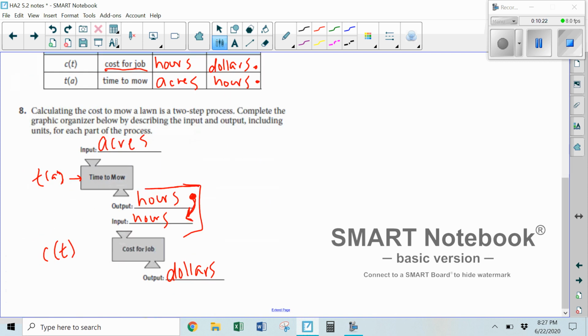If these match, I can go straight from here to here if I write my function correctly, because this will give me this, and that will give me that. Or these will be the same. So acres will give me hours, which I then put in for dollars. So we will be able to write one function instead of two. I'll show you how to do that, one function instead of two.